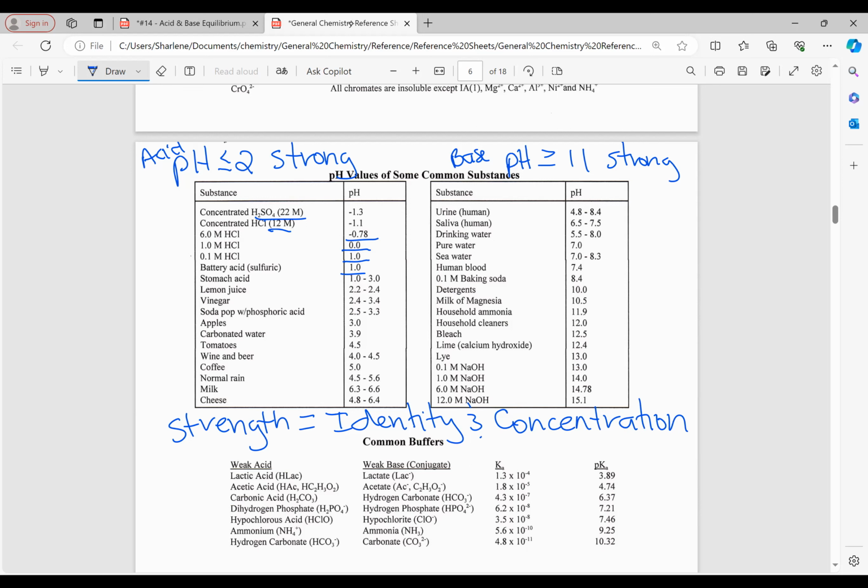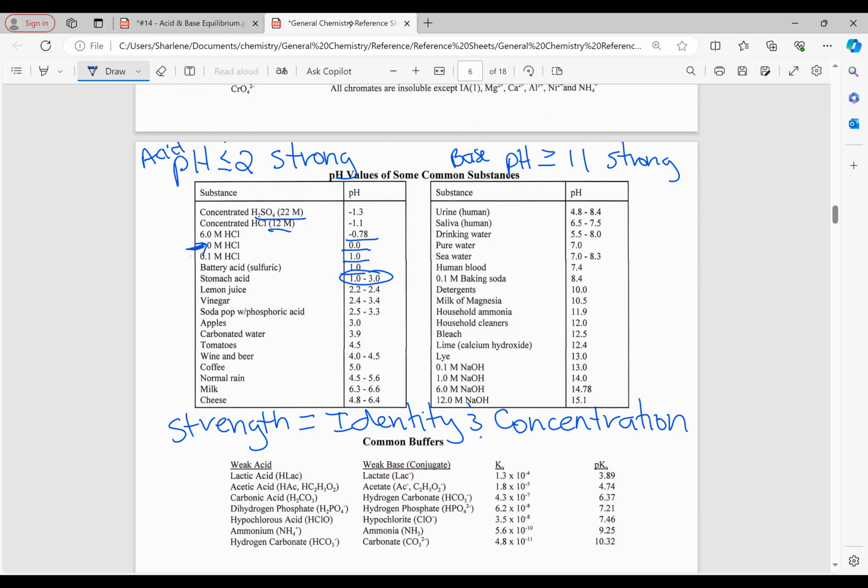Your stomach acid is anywhere between 1 and 3, and so that is why it hurts so bad when you throw up. Ow, you are bathing your esophagus and your mouth with pretty much concentrated hydrochloric acid. I guess not perfectly concentrated, but somewhere around 1 molar HCl.